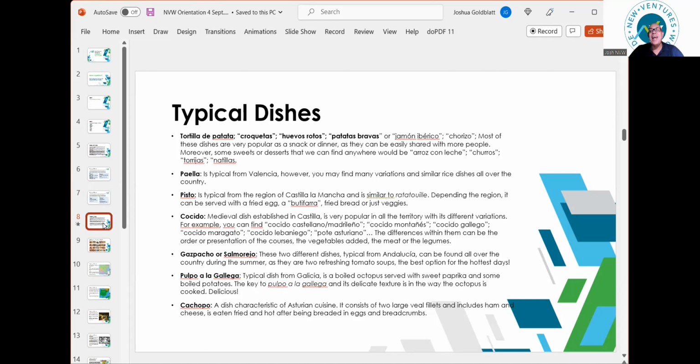A cachopo is similar to a kind of schnitzel in Austria. So it's meat which is then fried with some kind of coating, all right? Okay, so these are all traditional things and you'll have to get used to eating them.